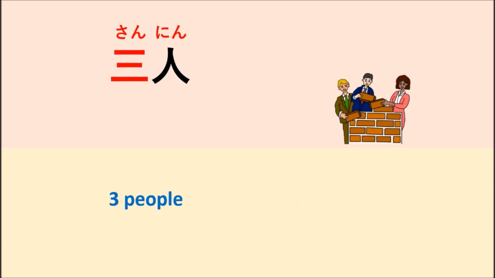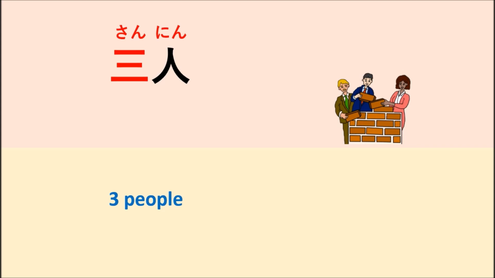Sannin means 3 people. Sang is from the kanji of 3. Nin, the kanji of nin is from the kanji of hito. Hito means people.